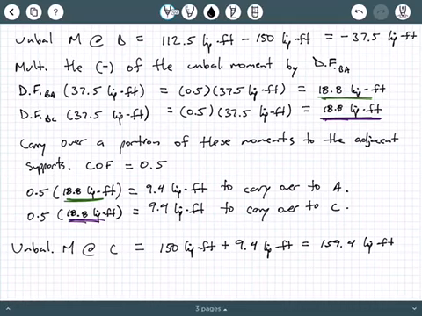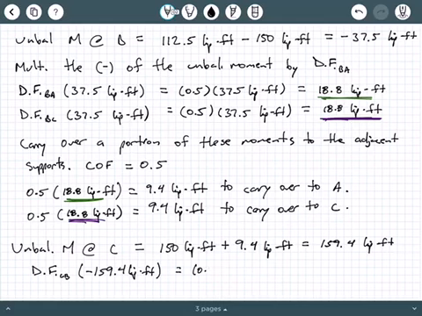We multiply the negative of the unbalanced moment by the distribution factor on either side of C, okay? So I'm going to say distribution factor CB times negative 159.4 kip feet equals 0.5 times negative 159.4 kip feet.